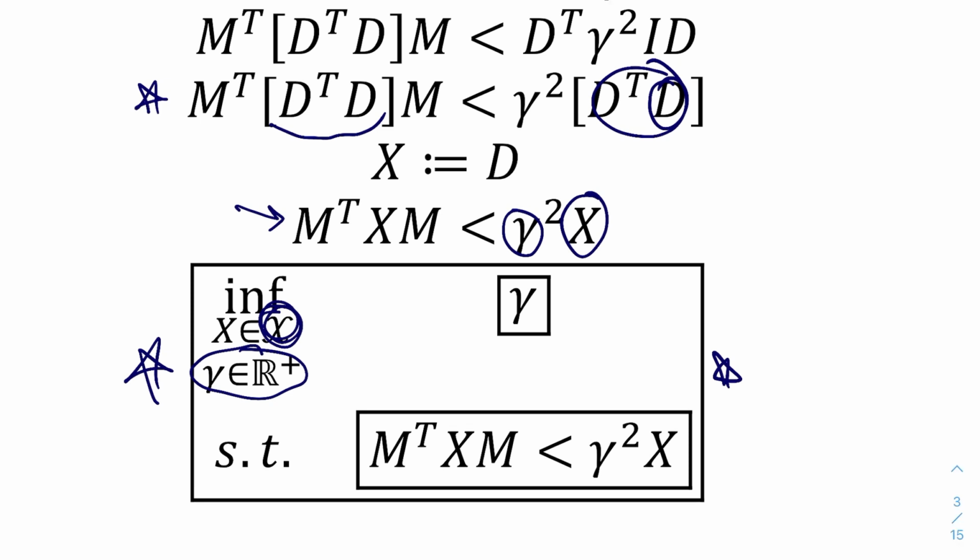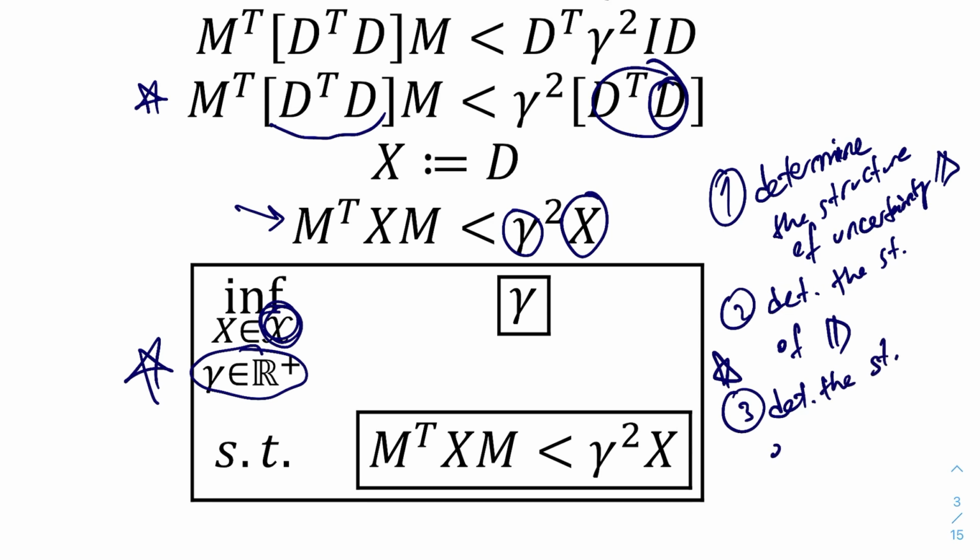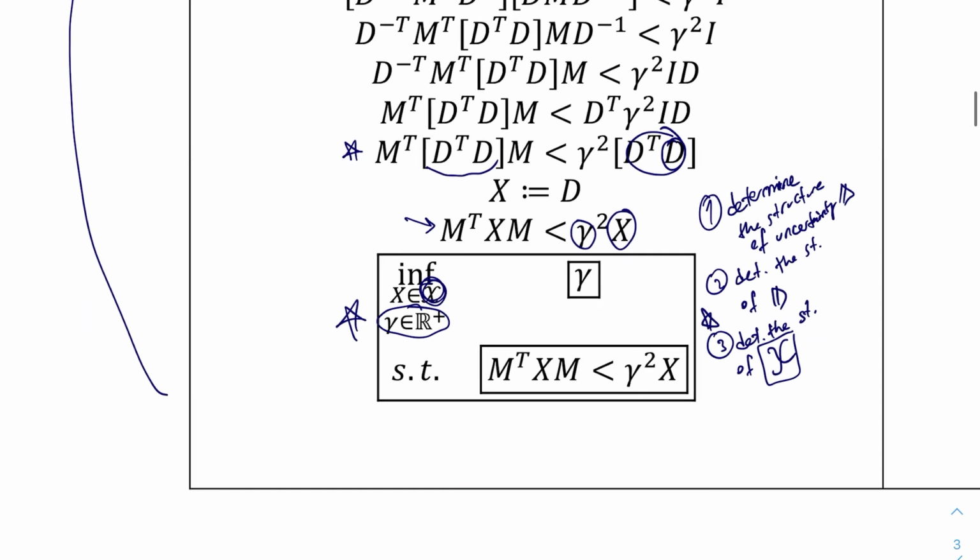So first we need to determine the structure of uncertainty, and I'm going to be really redundant right now, and then determine the structure of D, and then determine the structure of, let me write something like this, X. Okay, all right.